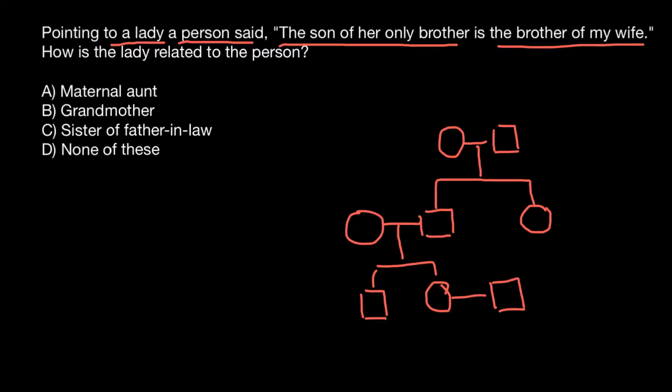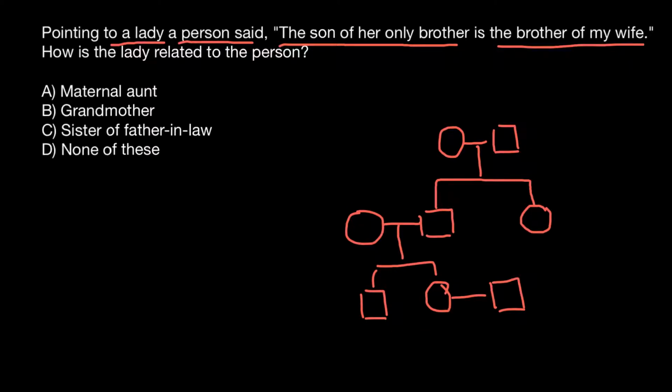He is the brother of this person's wife. So again, the son of her only brother is the brother of my wife, the brother of this person's wife. So this couple has two children.